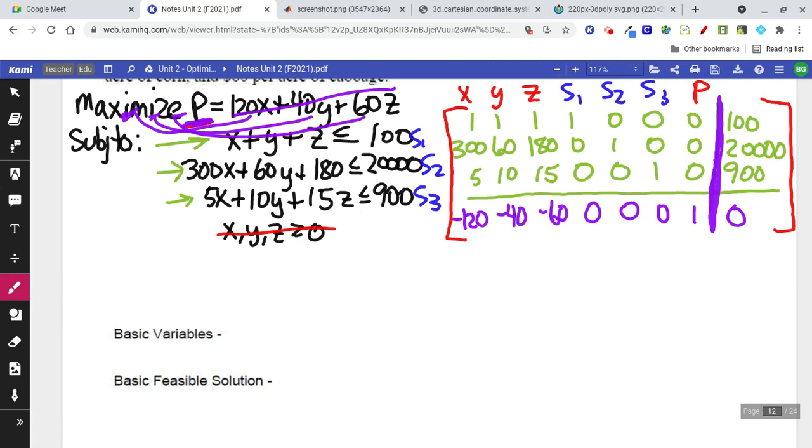So what's a basic variable? All right, a basic variable is, I'm going to write it like this. Oh my gosh, I can't write.